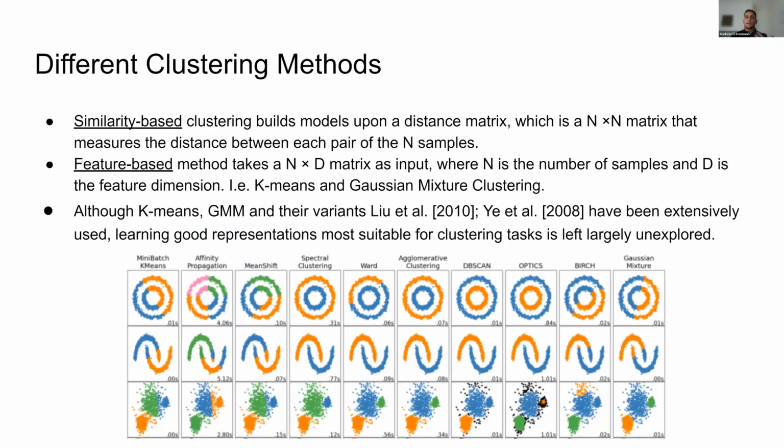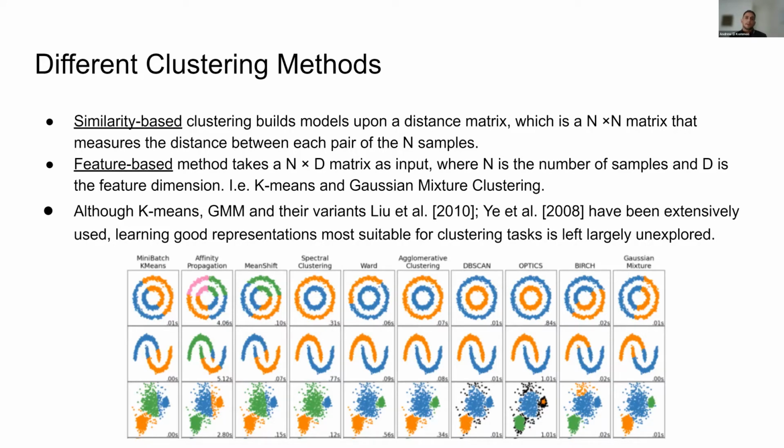So we're talking about this problem of clustering, and there are a lot of different clustering methods, and here are some of the clustering methods that are used in the literature pretty frequently. There are two major categories of clustering: similarity-based clustering, which would be something like spectral clustering, and then feature-based clustering, where we have clustering methods like k-means or Gaussian mixture modeling.